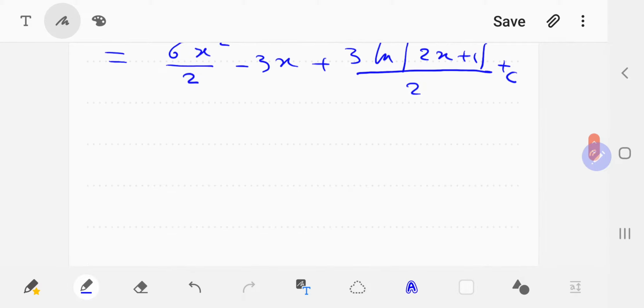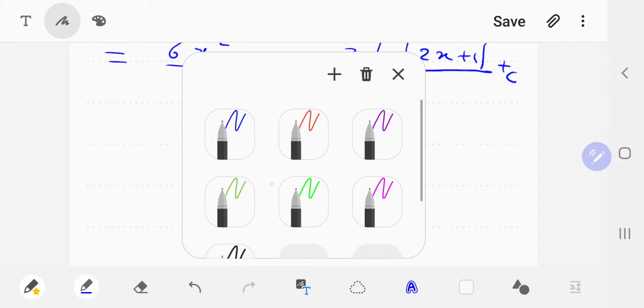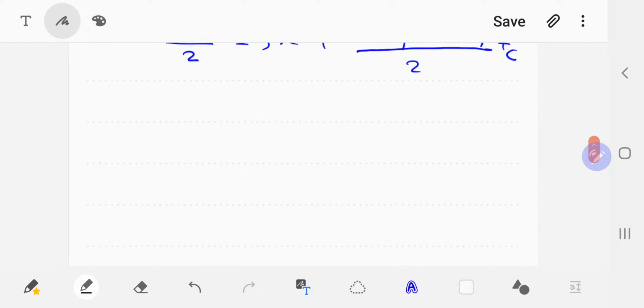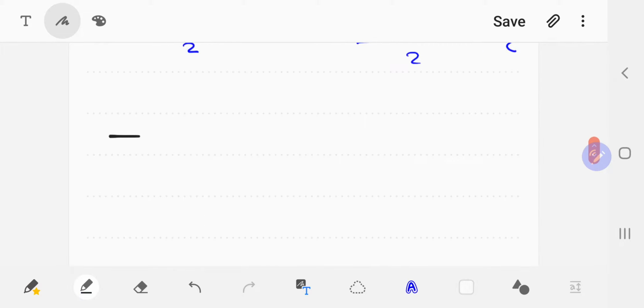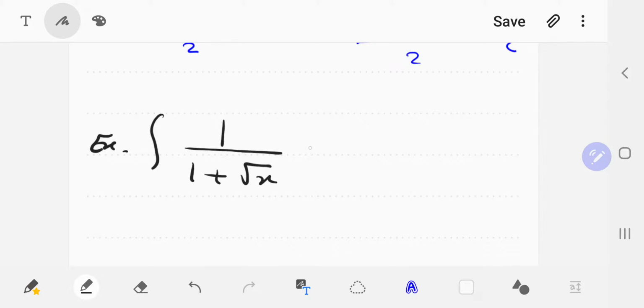Okay, is that it? Actually, integration is full of ideas. There are many ideas. I'll try to introduce this one for you. Let's say we have integration of 1 over 1 plus radical x dx.